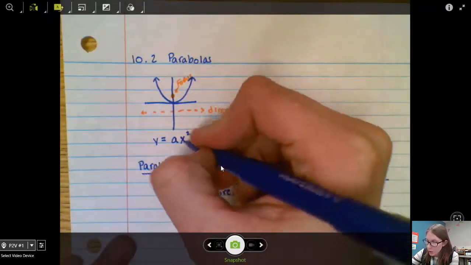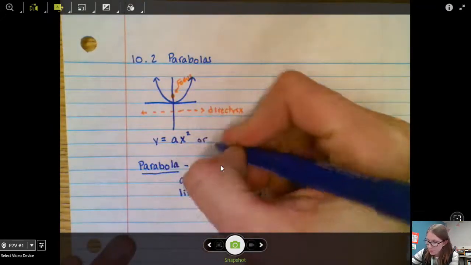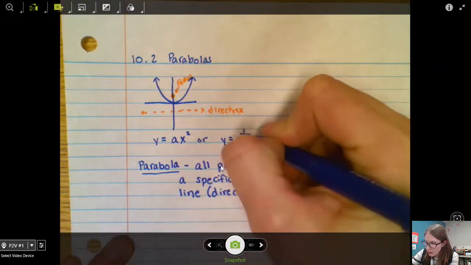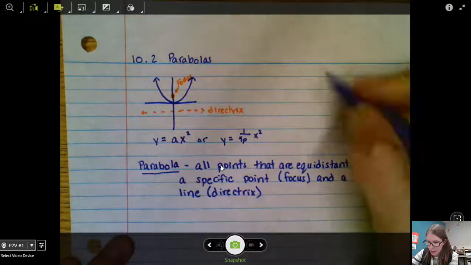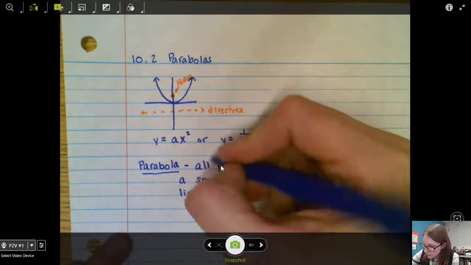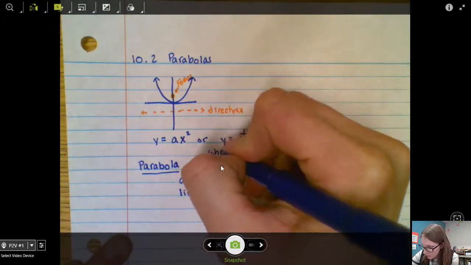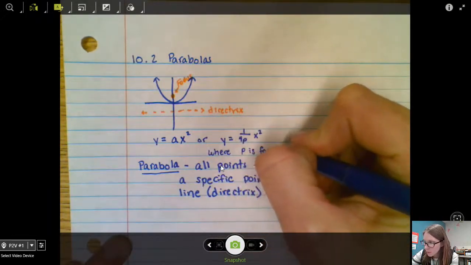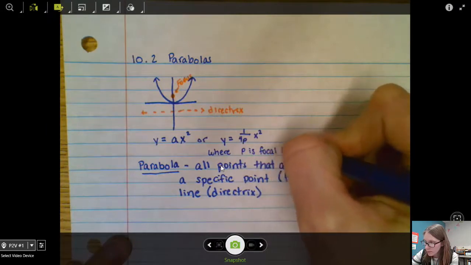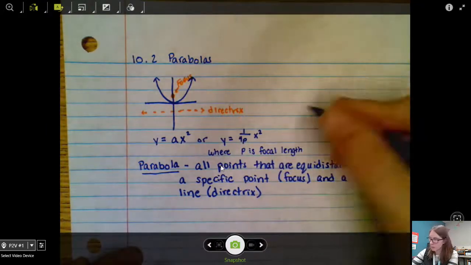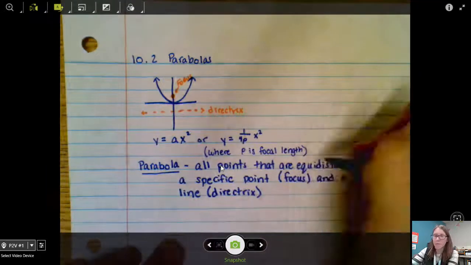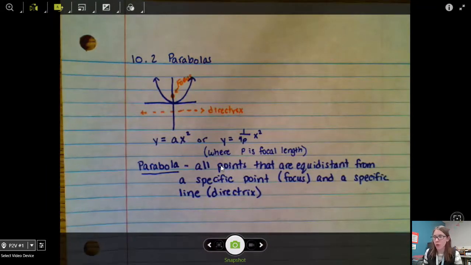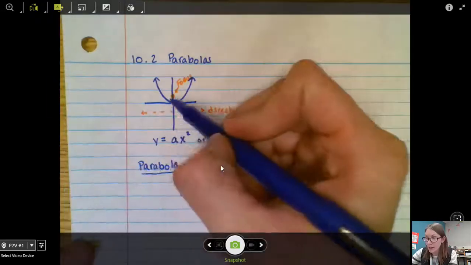Here is a new form though. y equals 1 over 4p times x squared, where p is the focal length. And focal length means the distance from the focus to the directrix, or the focus to the vertex.